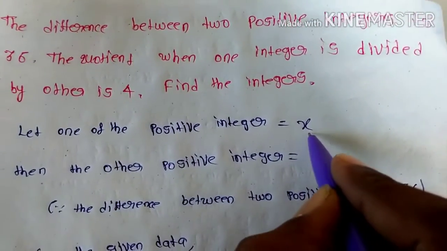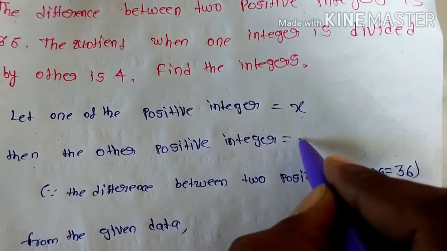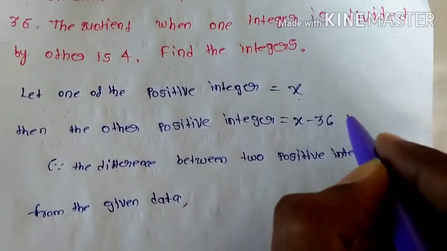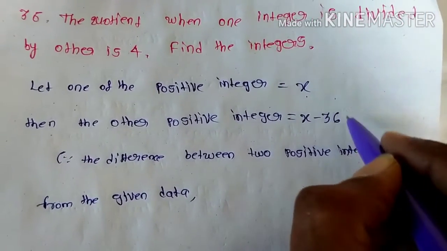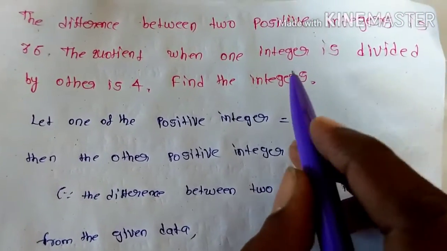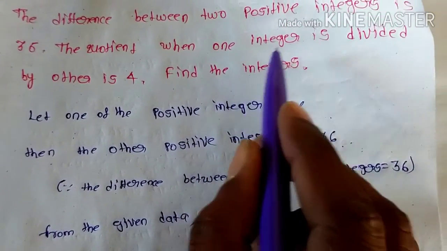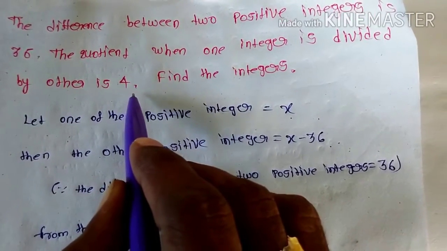If I take one of the integers as x, the other integer will be x minus 36. Here the difference is 36 or not? Yes.